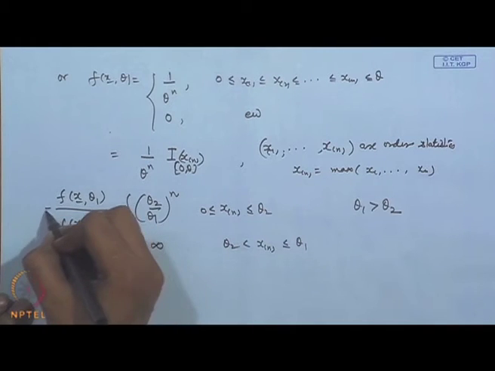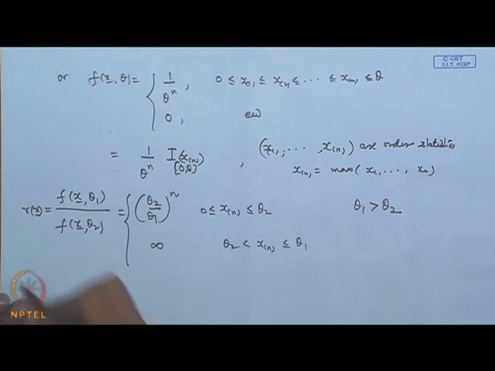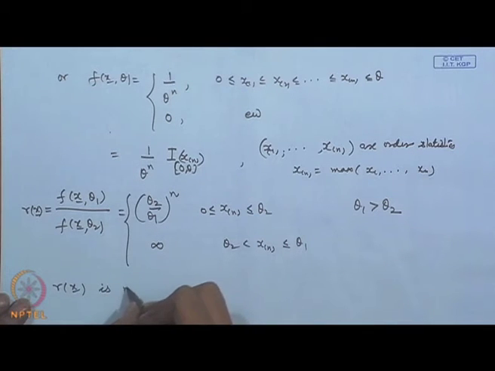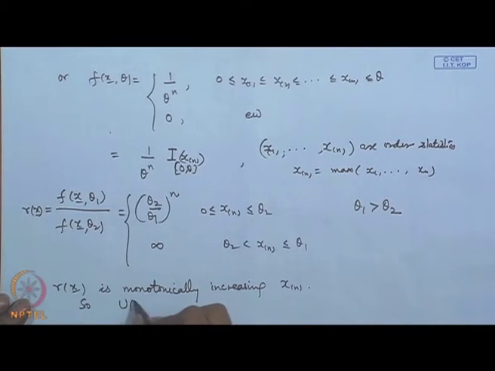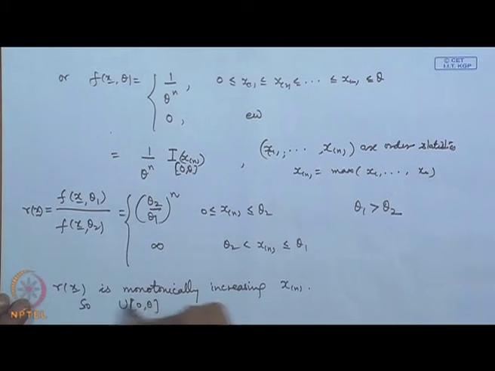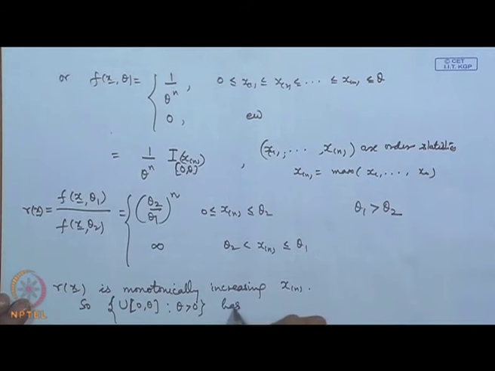So, what we observe is that this likelihood ratio R(x) is monotonically increasing in x(n). So, we can say this family of uniform distributions has monotone likelihood ratio in theta and x(n).